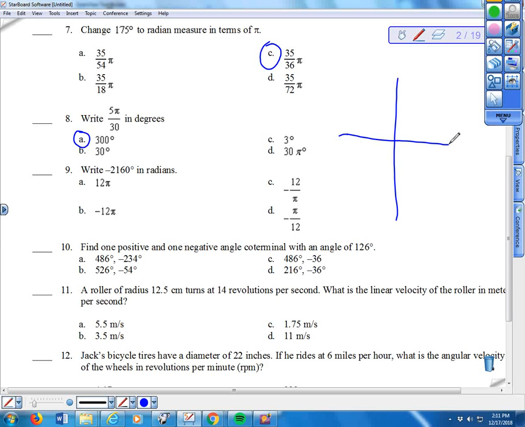Wait, what if we just do it the same? Why is it pi over 360? I don't know. It's a long day already. I'm at 8th period. I've been doing these every period. 2160 divided by 180 is 12. Which is the same as 0.